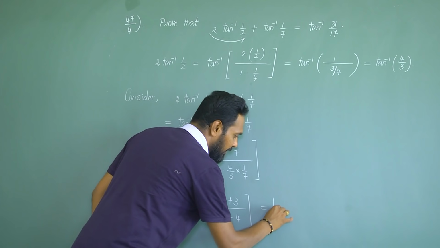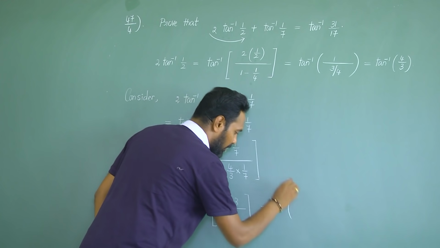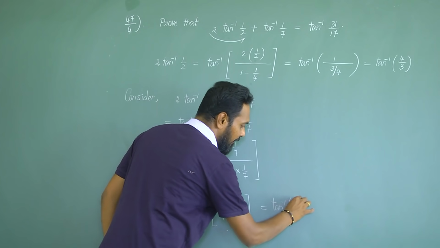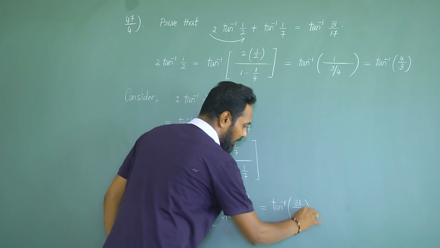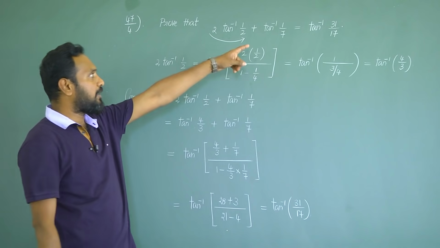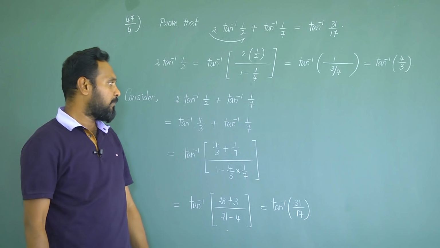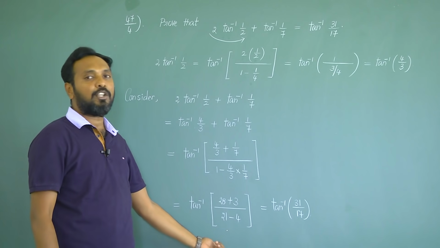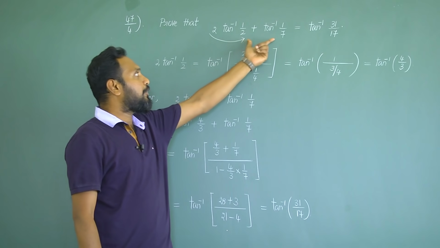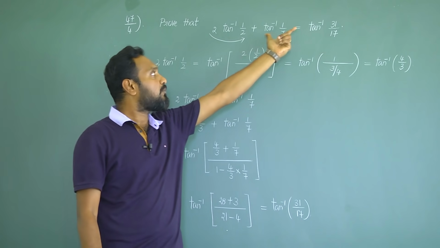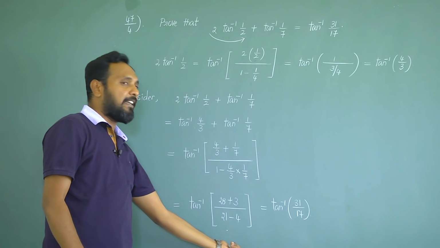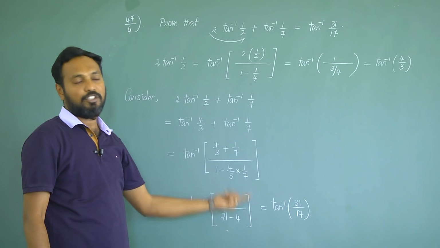On simplifying, this value becomes tan inverse of 31 divided by 17 it is. So which is equals to RHS. So that you can write in the last conclusion step as LHS equals to RHS. Whatever is given in the problem, you can write in the last step as a conclusion step.